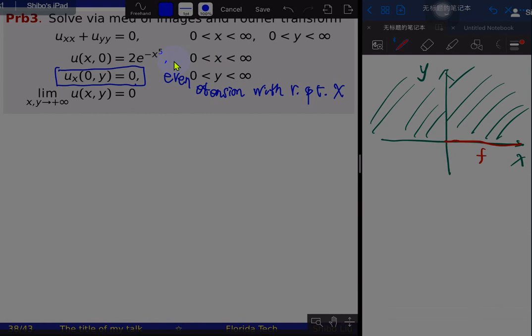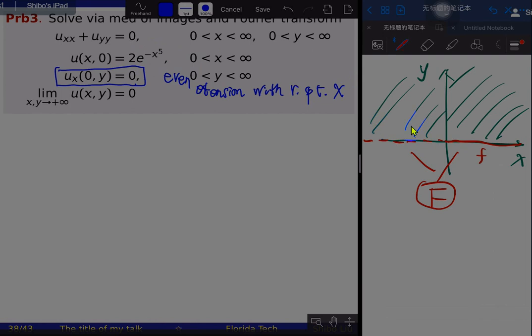Because our u is even with respect to x, this f should also be extended to the negative axis. Altogether, with the even extension of the small f, that is 2e to the minus x to the 5. After even extension, we obtain a function capital F defined on the whole x-axis.